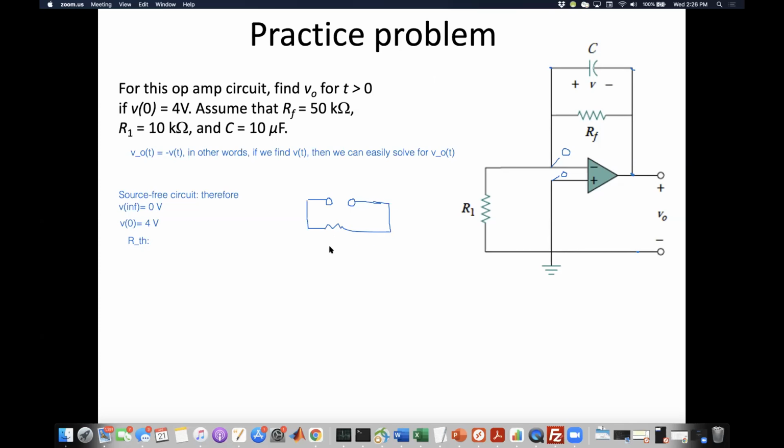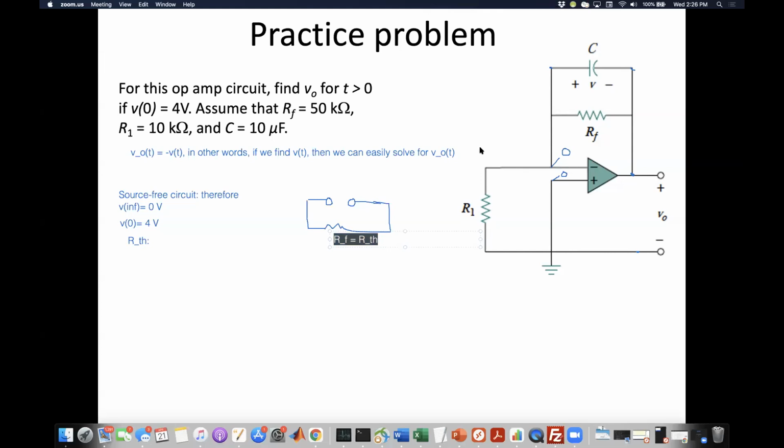And this RF is equal to RTH. So this capacitor only senses the feedback resistor, right? Because this node here is grounded, and because this node is grounded, it's not going to sense R1.